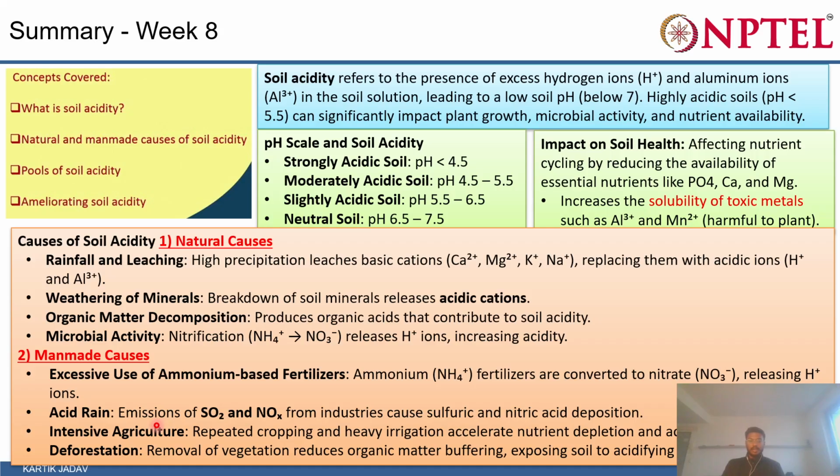Then intensive agriculture: repeated cropping and heavy irrigation accelerate nutrient depletion and acidification, right? Because intensive agriculture applies lots of fertilizers, which ultimately leach down through the soil, and through complex processes there is an increase of certain cations and aluminum ions, and that leads to soil acidification.